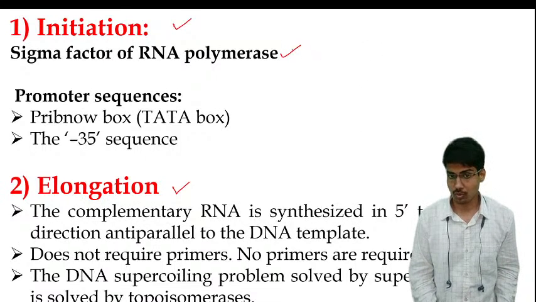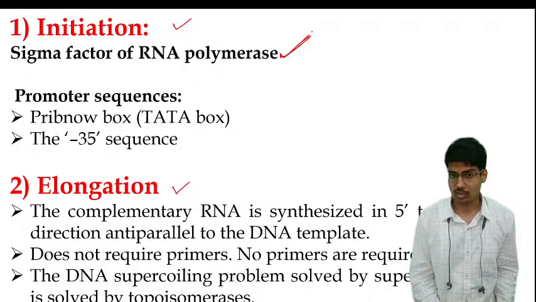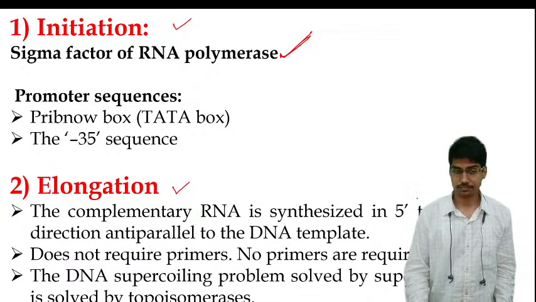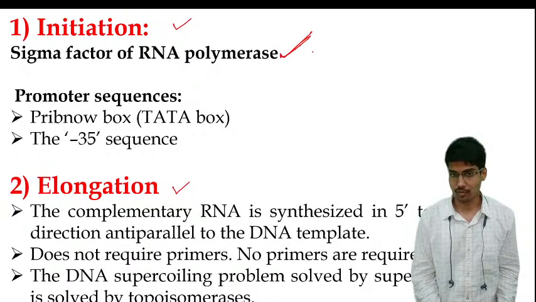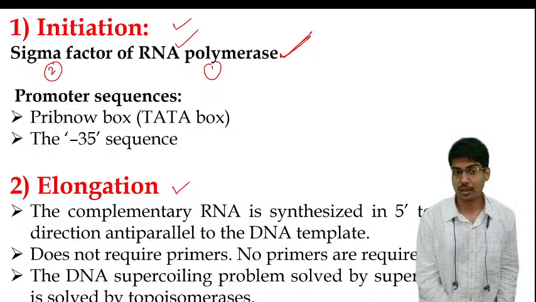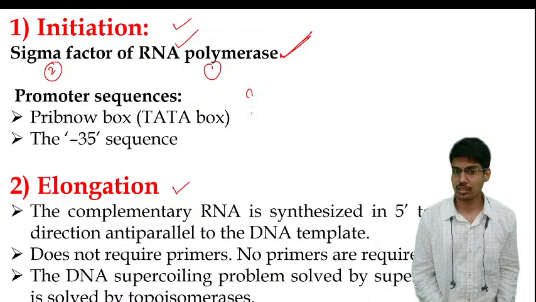What is required to start the initiation of prokaryote transcription? Obviously, the first is RNA polymerase. The second would be the sigma factor, and there are certain promoter sequences. What are these promoter sequences?